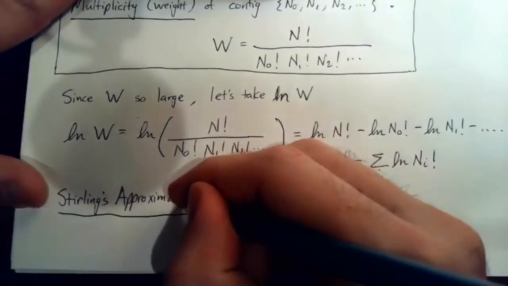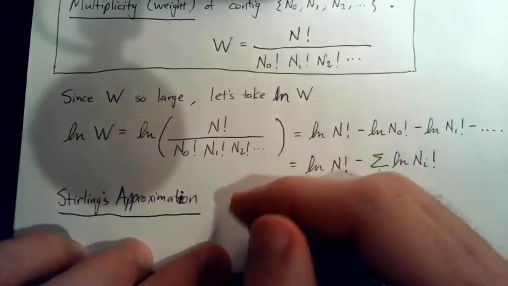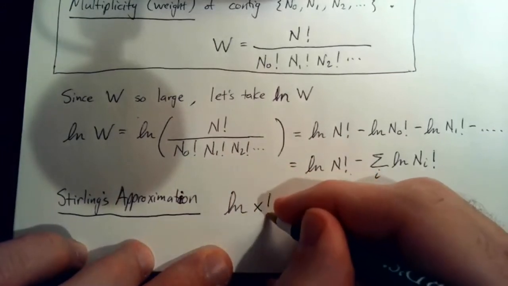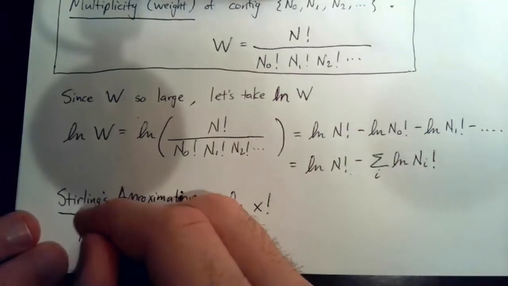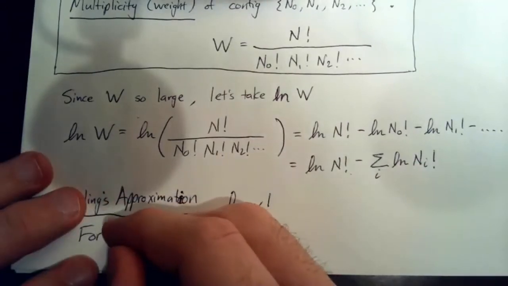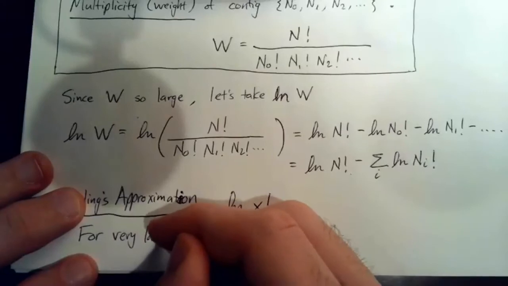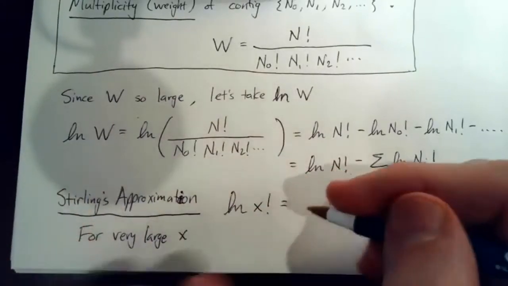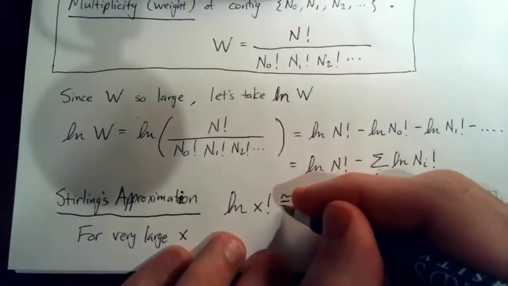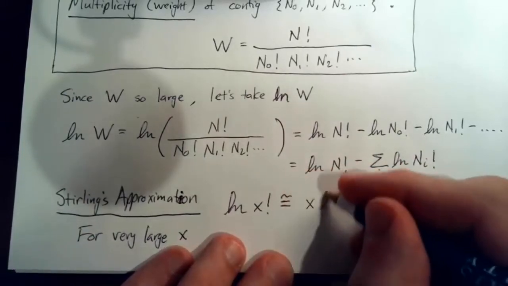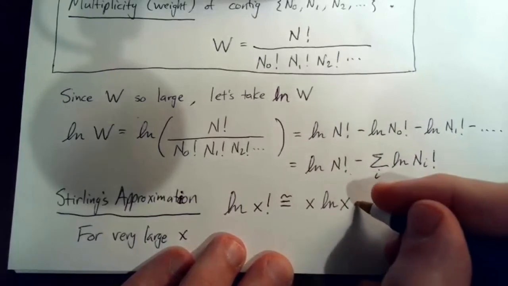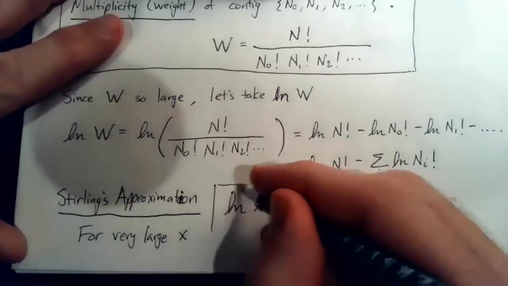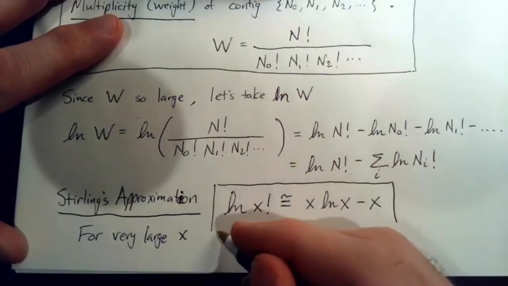And Stirling's approximation is just that the natural log of x factorial, and this is for large x, very large x, x much greater than 1, is approximately equal to x natural log x minus x. Okay, so this is a useful approximation.